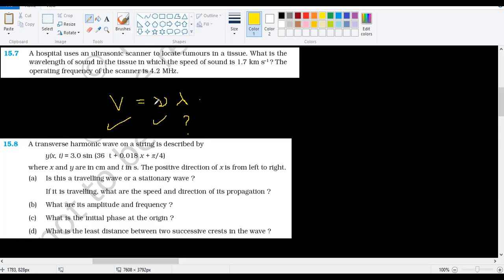A transverse harmonic wave on a string is described by y(x, t) = 3 sin(ωt + kx + φ).